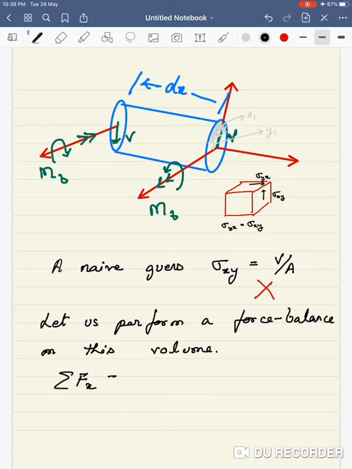And what are the different forces here? On the face on the right hand side, we have sigma xx multiplied by dA, integrated over the area A1, and this is evaluated at x plus dx.